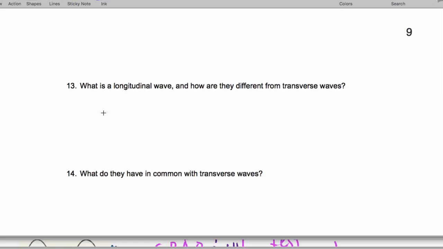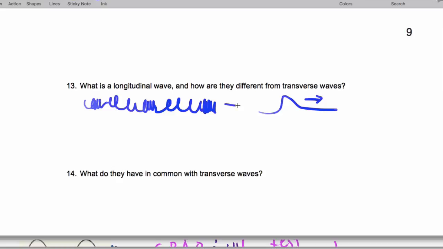All right. Now this next part, we get the longitudinal wave versus the transverse wave. And again here, let's just draw them. Here's a longitudinal wave. And here's a transverse, which I'll just draw as a pulse on a rope.